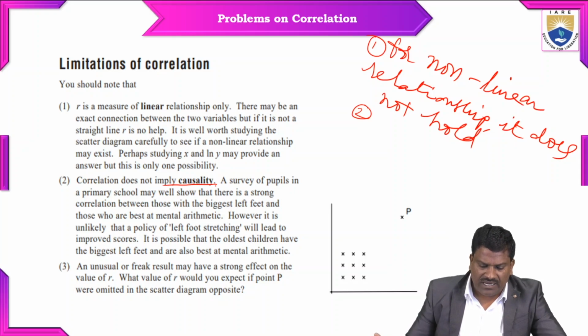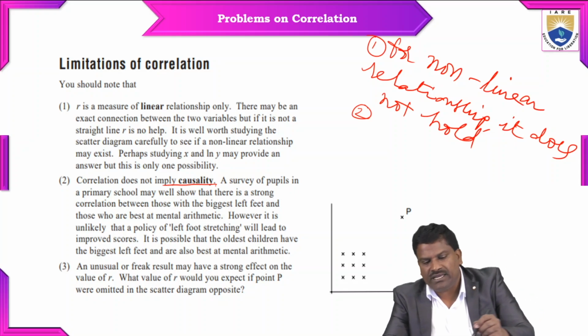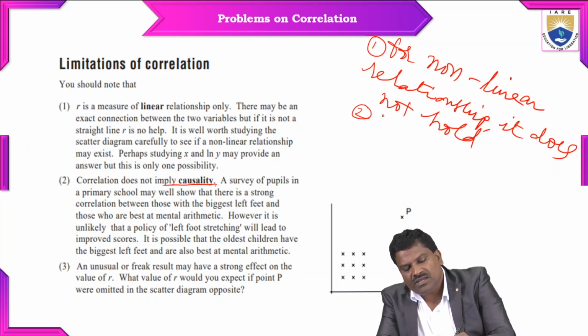Like that, we can compare them using so many parameters. So correlation does not imply causality. That is the second barrier.